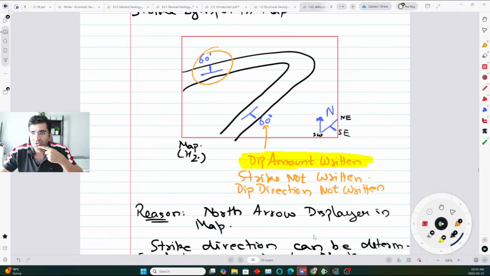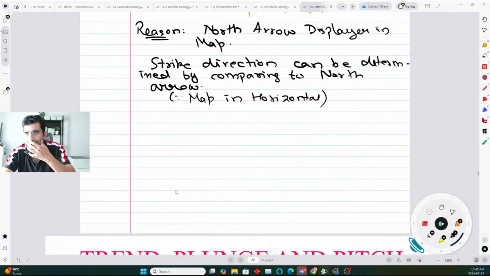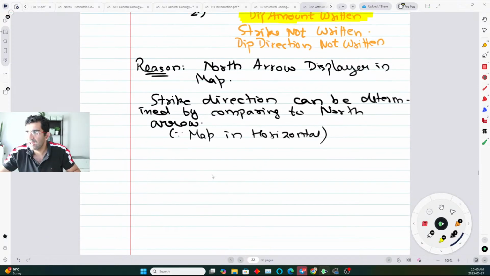Okay, so when you have this dip and strike symbol like that, the symbol will be something like this. This line represents the strike line.